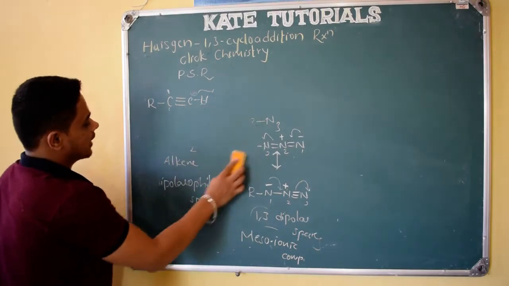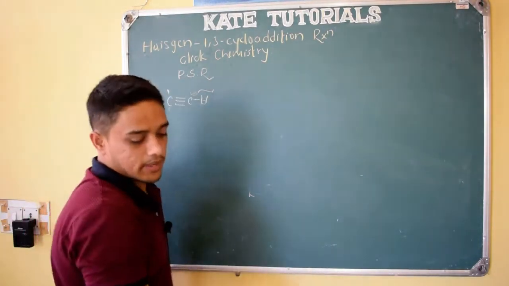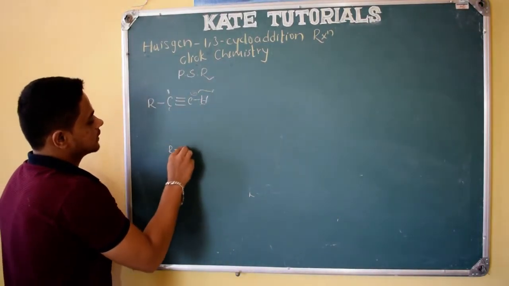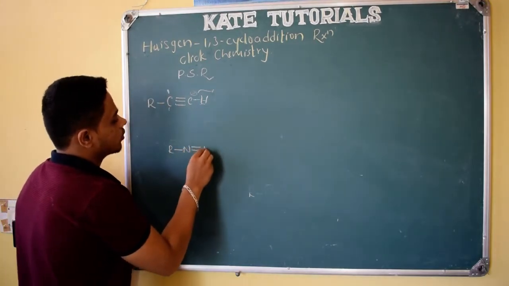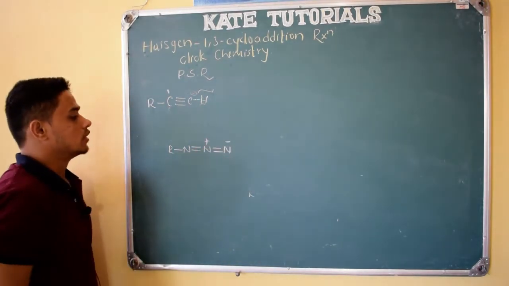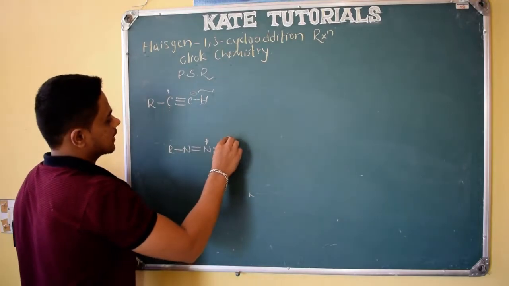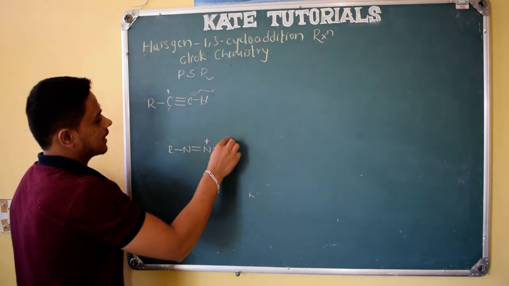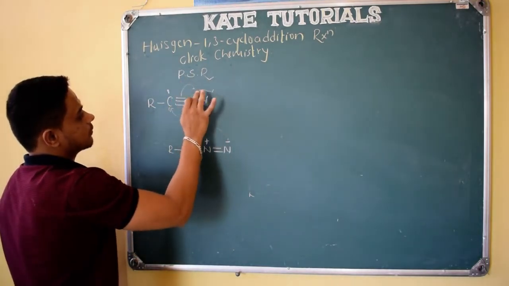So let us see how the reaction occurs. I have taken this terminal alkyne, and with this I am going to add the dipolar species or meso-ionic compound, right? It is negative, it is positive, right? So how can I write it? There are two possibilities. In the mechanism, I can attack with this electronegative atom on this carbon, and electron density moves onto the other carbon, right?